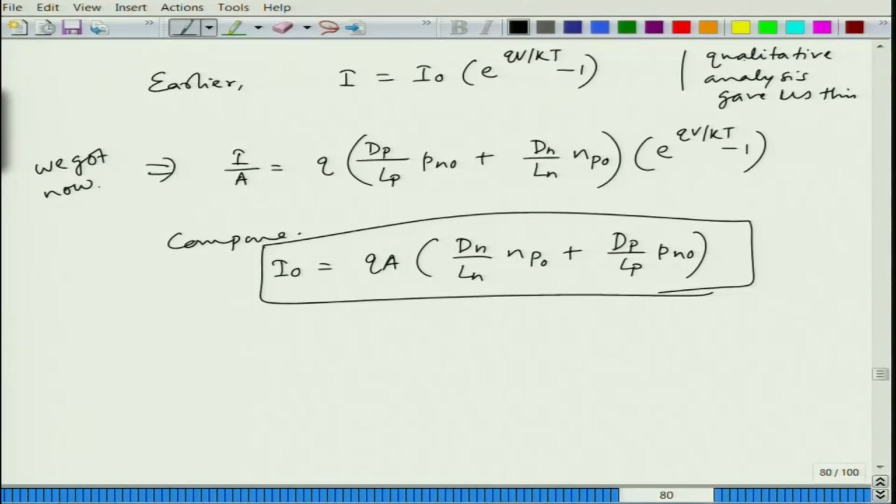That is what we get in a straightforward way, and this np0 and pn0 you can further write in terms of the concentrations of dopant.